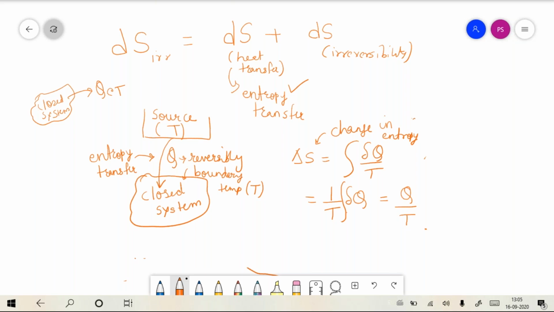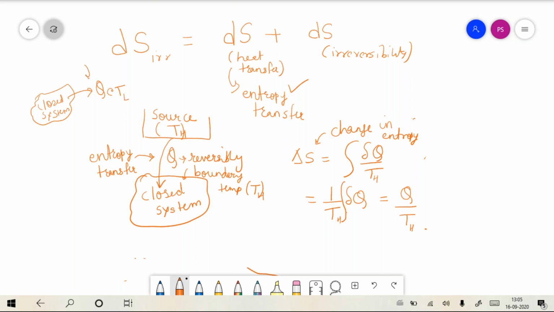Let me differentiate this as TH, so this would be almost TH. Now this heat is being transferred to the surroundings, which is, let us say, at TL, and let us say that heat transfer is a reversible heat transfer.